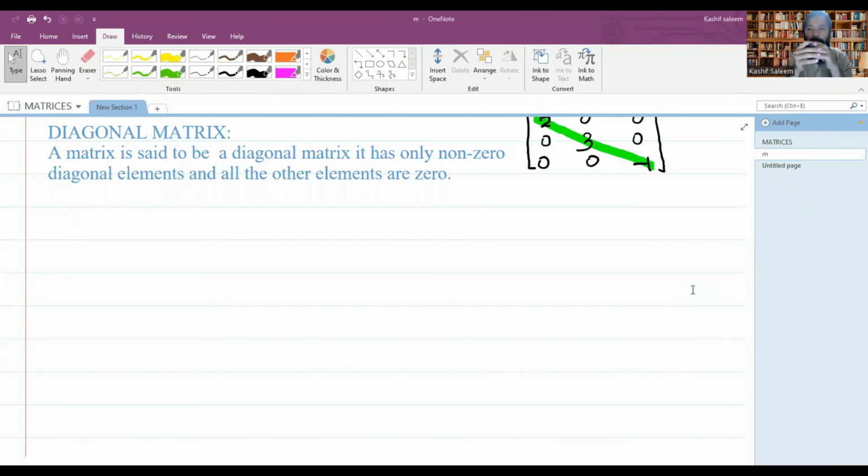Now we define a new matrix using a diagonal matrix, which is a scalar matrix. A scalar matrix is a matrix in which all the elements in the diagonal are the same and all the other elements are 0. It is a subset of a diagonal matrix. So what is the definition?